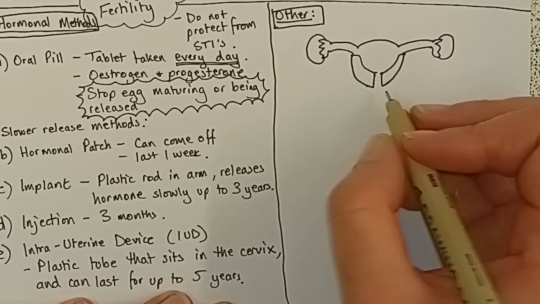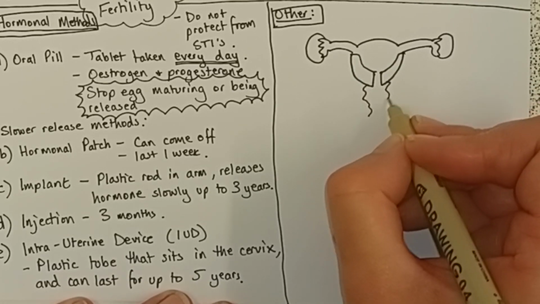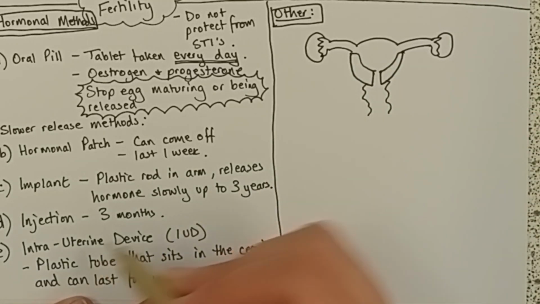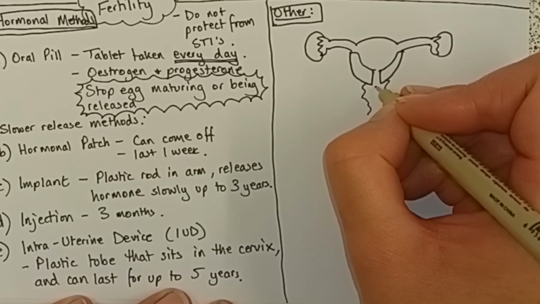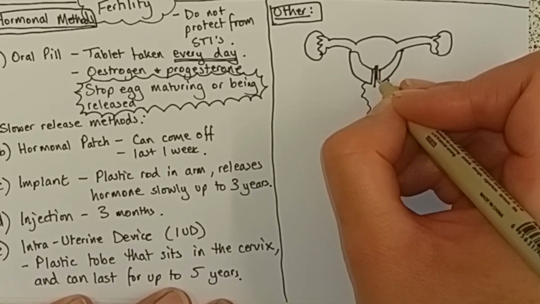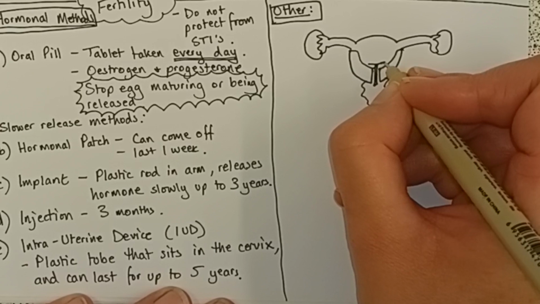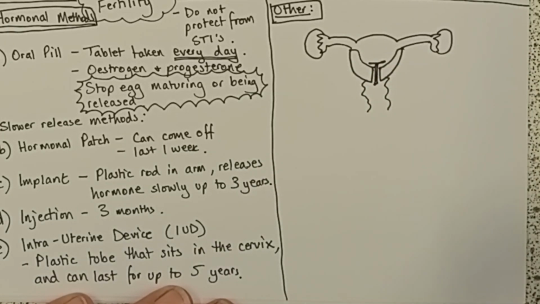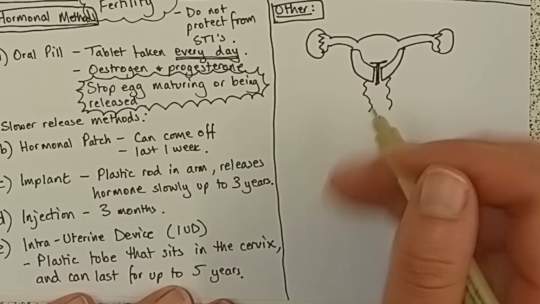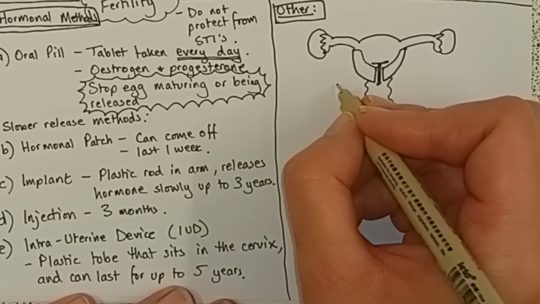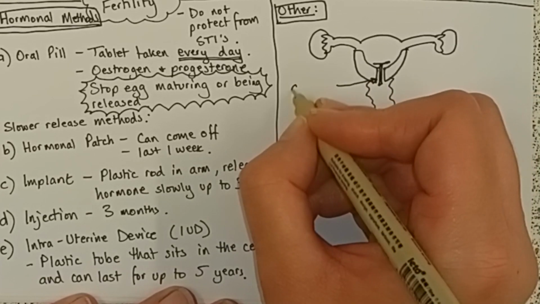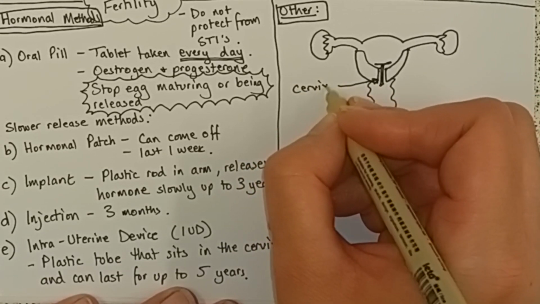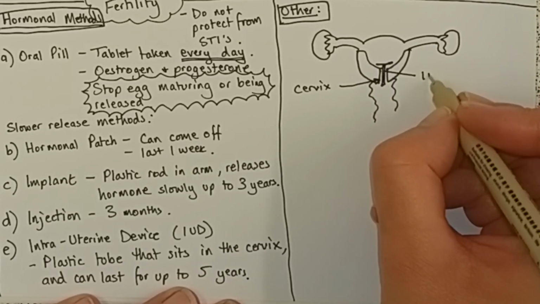And that is the cervix. So the intrauterine device sits here. It has 2 little arms that ping out to stop it coming out. And they release hormones slowly into the blood through there. So that's the cervix. And that is the IUD.